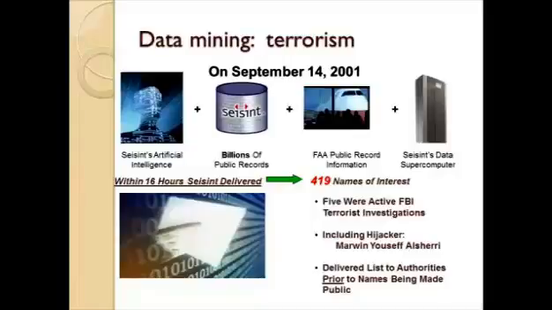Within 16 hours or so, the system identified 419 names of interest, and the list was delivered to the authorities prior to the names being made public. So that's one real data mining application, in this case used in the fight against terrorism.